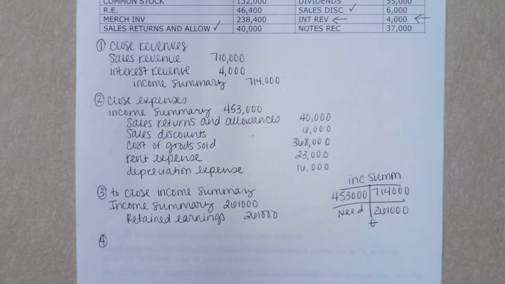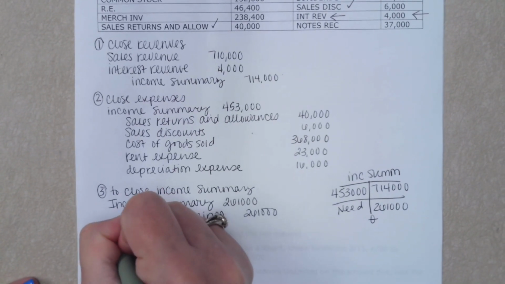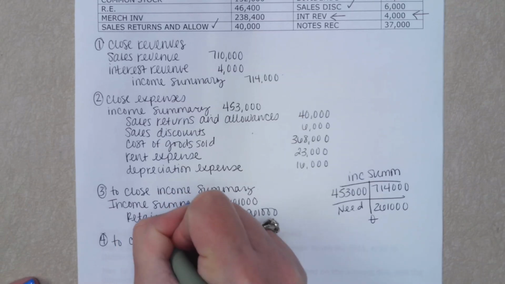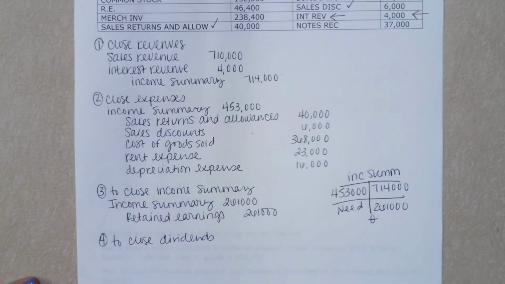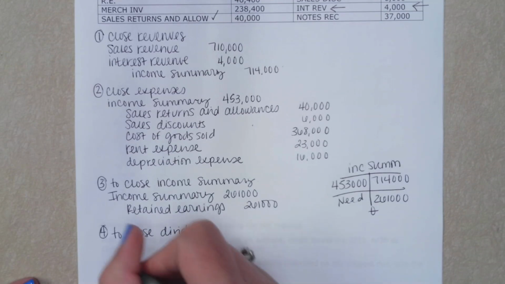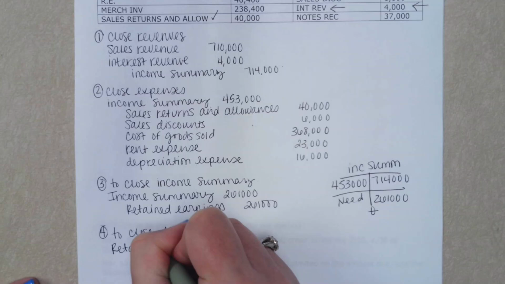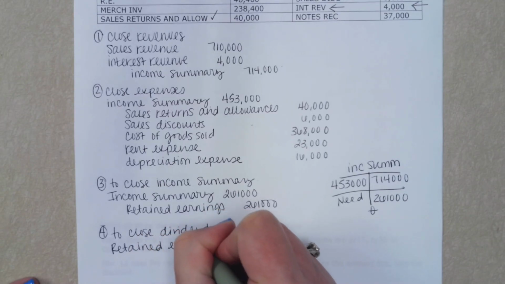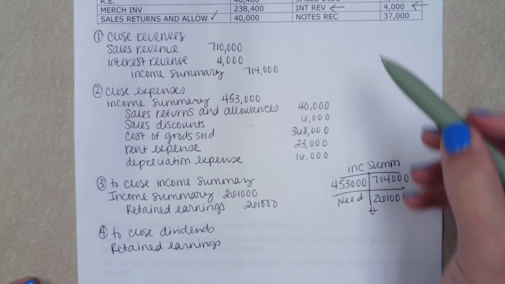And then last is to, oops, I hit the camera, sorry, is to close dividends. Dividends always carries a normal debit balance, so we're going to close it with a credit, and our offset is retained earnings. And remember, we're not coming up with anything new.